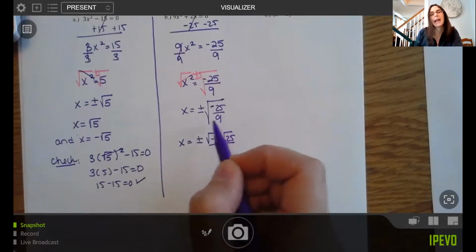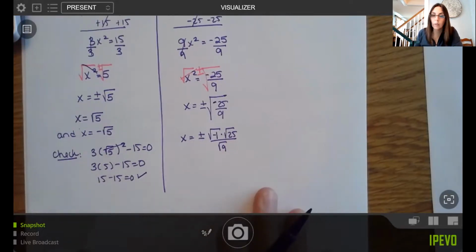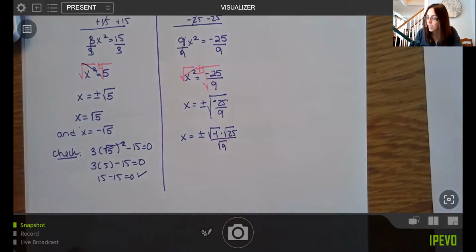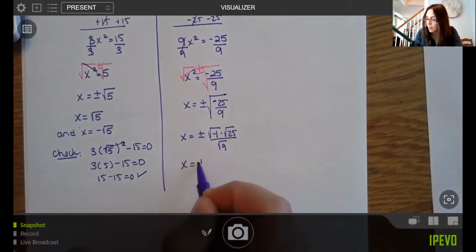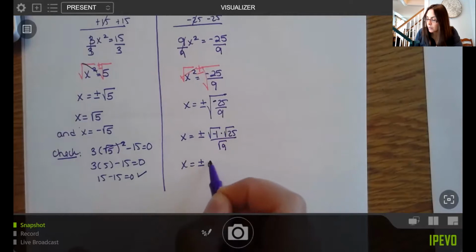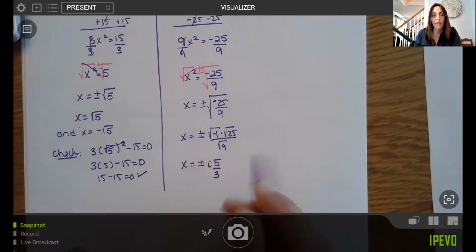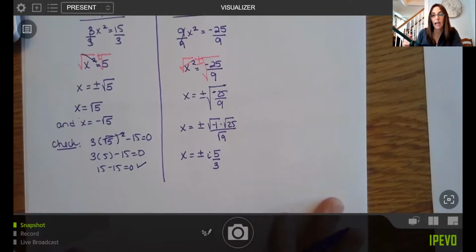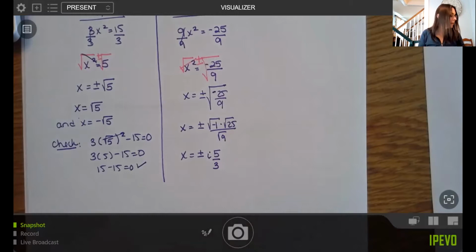When we have multiplication and division, we can break it down with roots, but not with adding or subtracting. And if I clean this up, well, this is i, root 25 is 5, and root 9 is 3. So we have plus or minus i times 5/3, or 5/3 i. You could write it the other way as well.